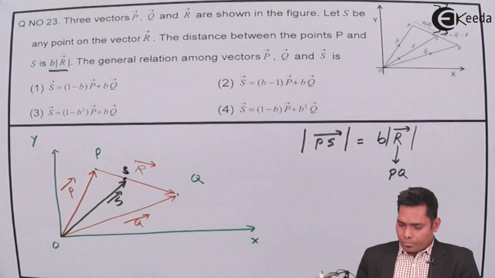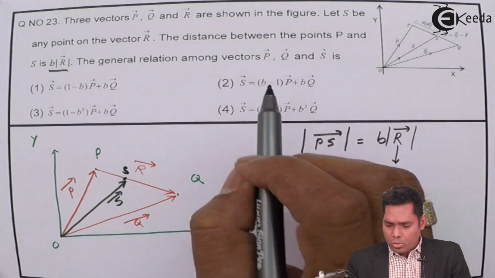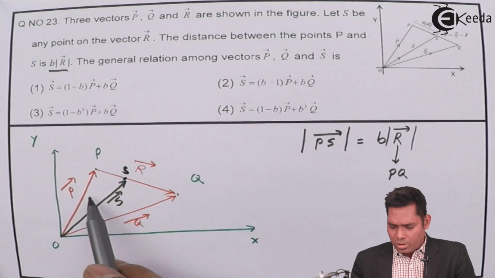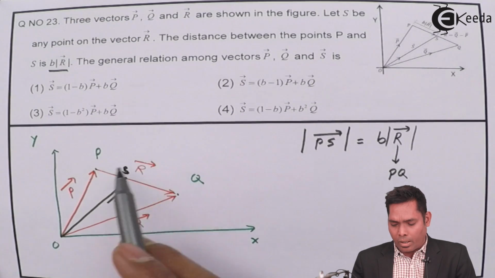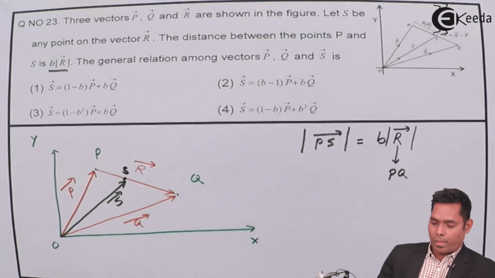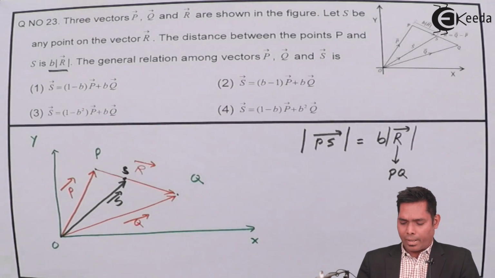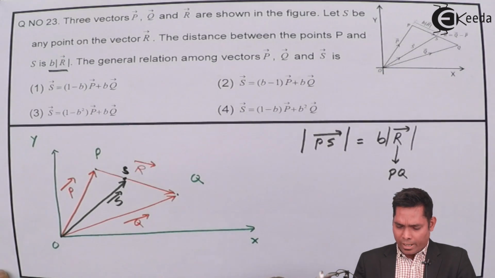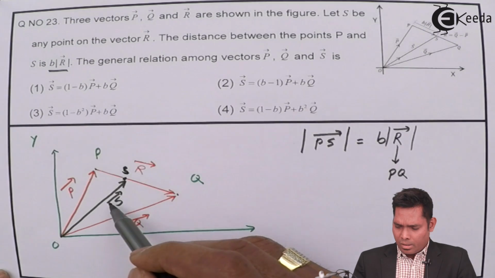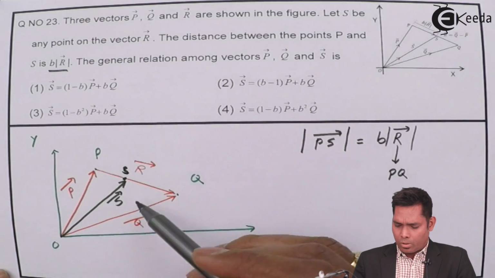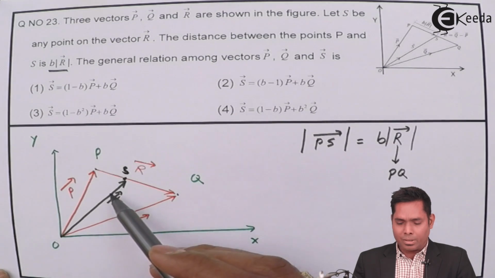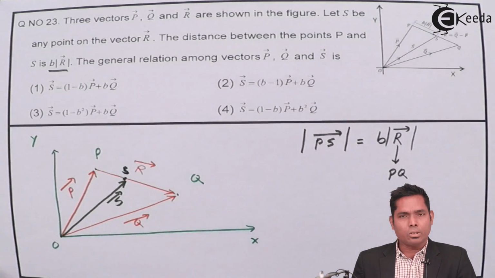Now our aim is to write the relation among these three vectors. We don't want the R vector, so we have to eliminate it. In fact, we have to write the S vector in terms of the P and Q vectors, because the options are in terms of S.